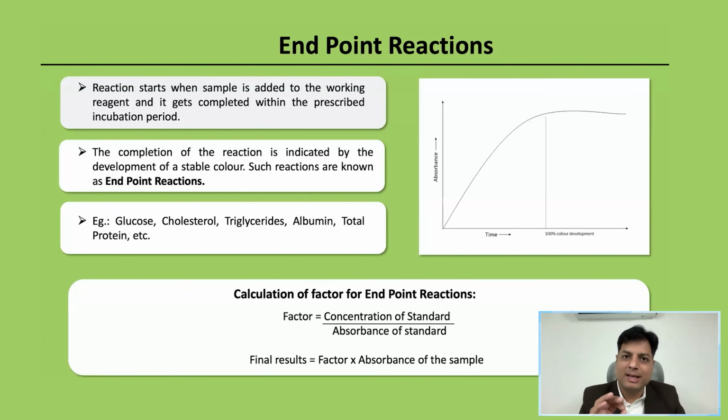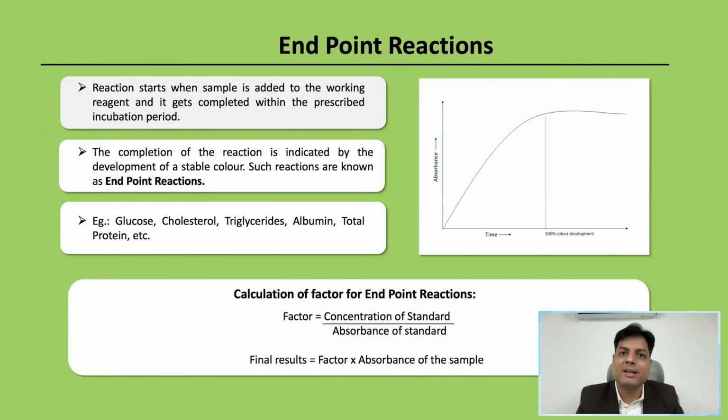So what the instrument actually does is, first it will take the absorbance of the standard and then calculate the factor by dividing the concentration of the standard by its absorbance. Using this factor, when we aspirate the patient sample, which is our second tube, the instrument will simply multiply the absorbance of that particular sample with the factor.